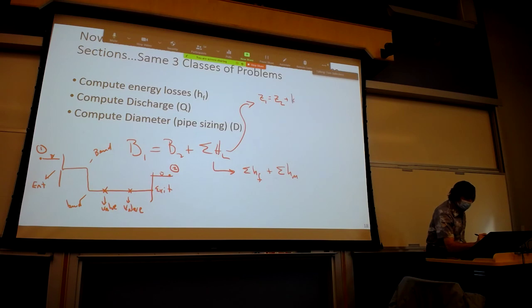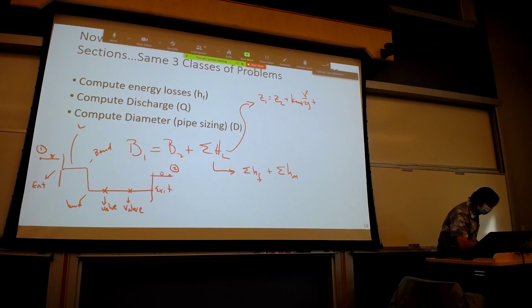We have K entrance, V squared over 2g, plus we have a length L1 of pipe between the reservoir and the first bend. Then you have another length, L2, another length, L3, L4, L5.